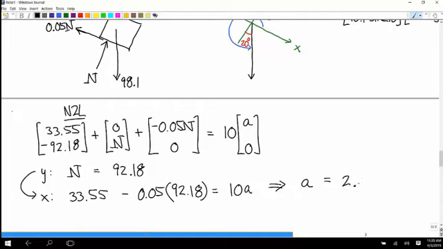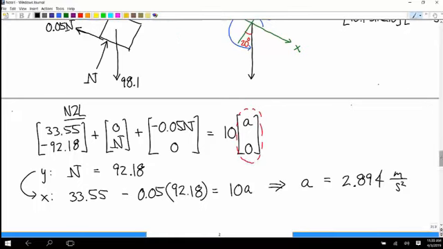Positive 2.894 meters per second squared. And then if you want that as a vector, I'll get back into this acceleration vector.